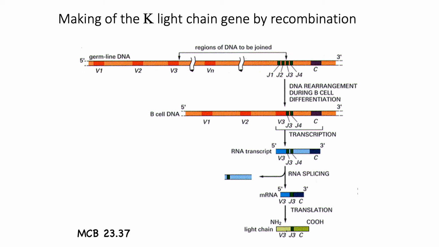So these rearrangements occur randomly in developing B cells, but once they make one that identifies an antigen, then that cell proliferates, divides several times to make a lot of cells that all produce the same antibody. So each cell produces just a single type of antibody, and it's made up of one of the V regions, one of the J regions, and a C region, as the result of a programmed recombination in the developing B cells.